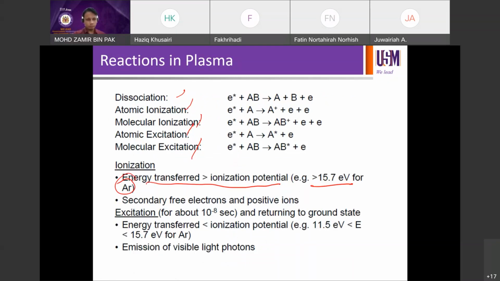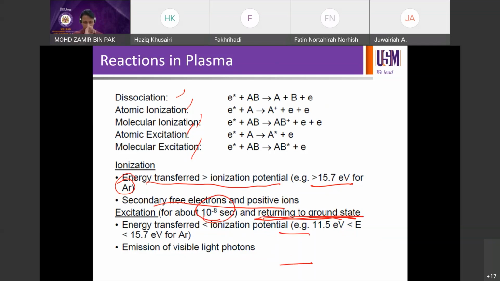So that will create secondary free electrons and positive ions from the ionization process. Excitation: upon excitation, that will take around 10 to the minus 8 seconds. So returning to ground state, the excited particle will go down to the ground state.